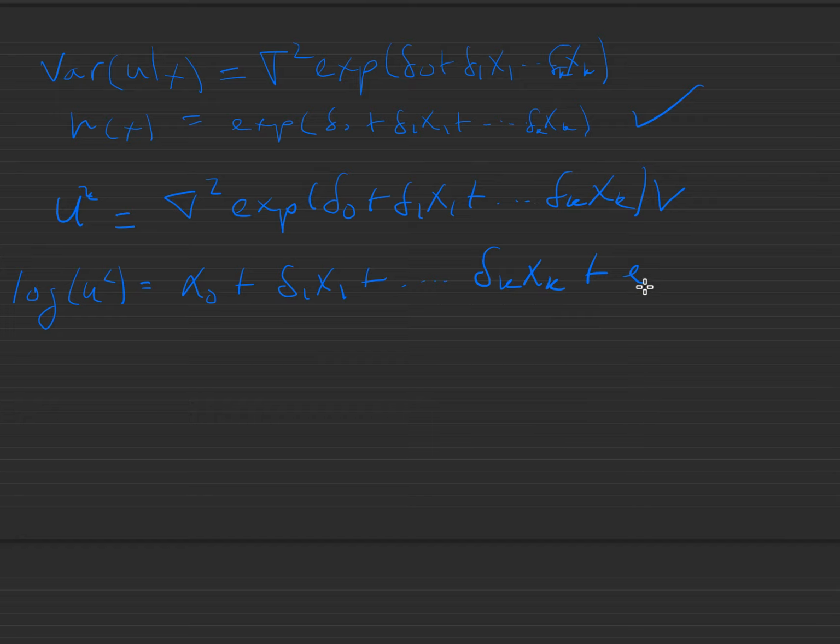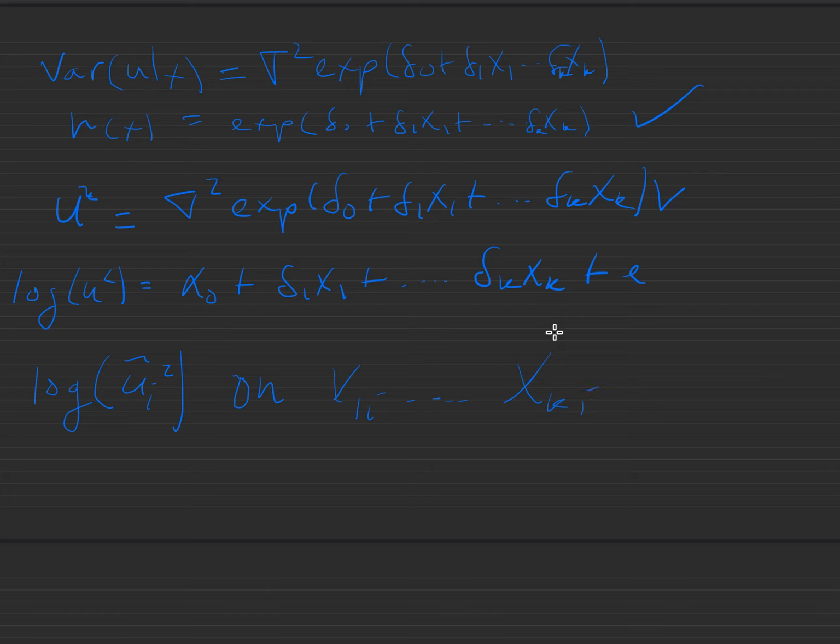Because of this, the Gauss-Markov assumptions are satisfied, so we can get unbiased estimates of these coefficients using an OLS regression of the log of u squared on these variables. What we'll do is regress log of ui squared hat on x1i through xki.